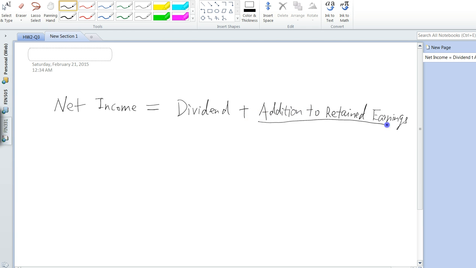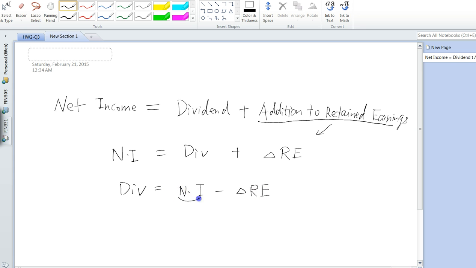Addition to retained earnings basically is the incremental retained earnings based on the balance sheet. So it's the change. The triangle sign here stands for the change in retained earnings. So that plus dividend gives me net income. So solving this, we can find dividend. Dividend equals net income minus incremental retained earnings.